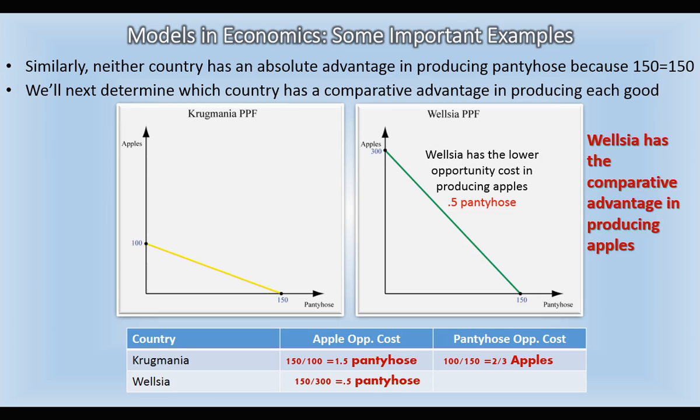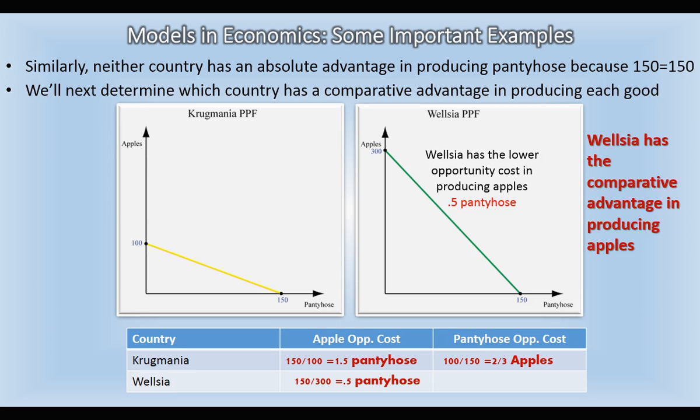So we said for Krugmania, the opportunity cost for apples is measured by the ratio of 150 over 100. Therefore, the opportunity cost for pantyhose is calculated by just taking the reciprocal of that. So it'll be 100 divided by 150, which is 2/3. So the opportunity cost of producing one pair of pantyhose for Krugmania is 2/3 an apple.